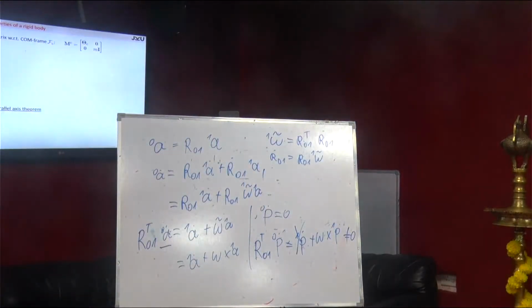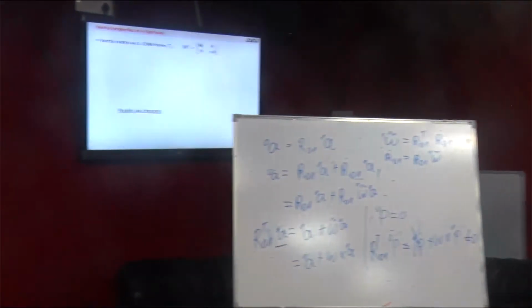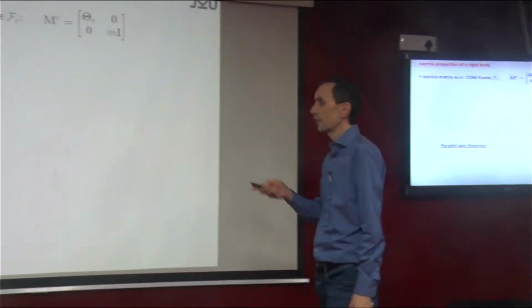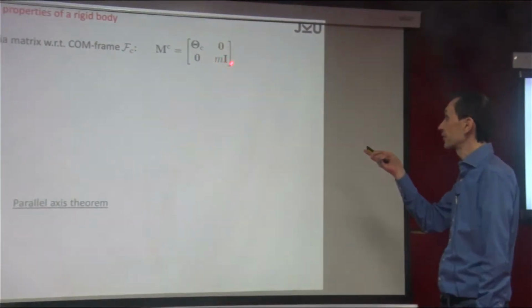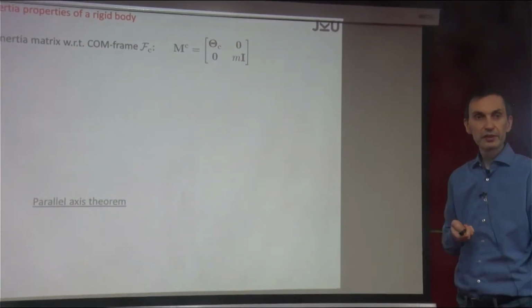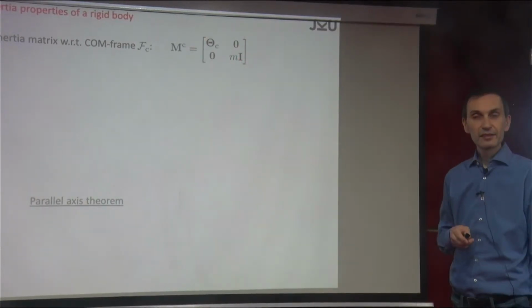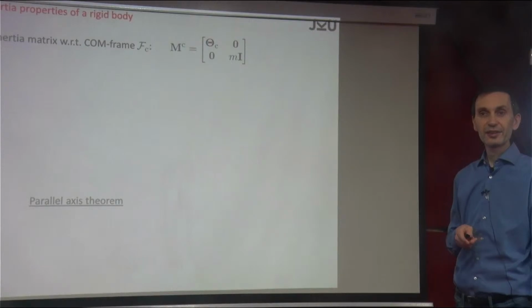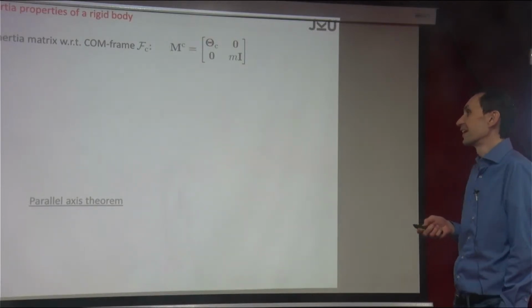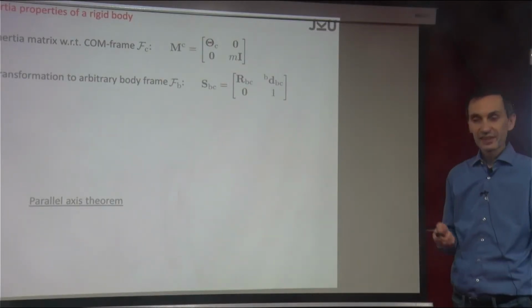Anyhow, if you believe me so far, then we can have this matrix here, and then we have m times the identity matrix. And don't confuse if this was your inertia tensor, then I have to apologize. I'm sorry. There are so many symbols out there, right?